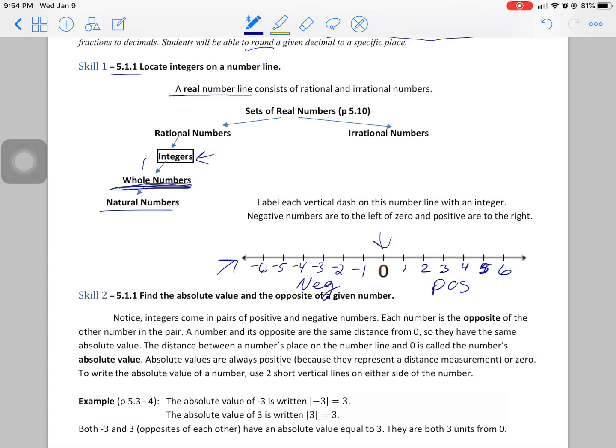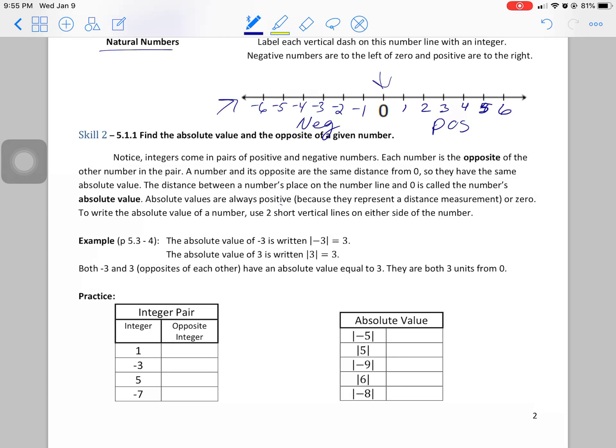A real life example of that is when you owe money and then you owe more money. Let's say you're overdrawn on your checking account, and then you write another check. That's another minus, so you're kind of adding minuses. You need negatives in real life, whether you know it or not. So we're going to make sure you understand them.